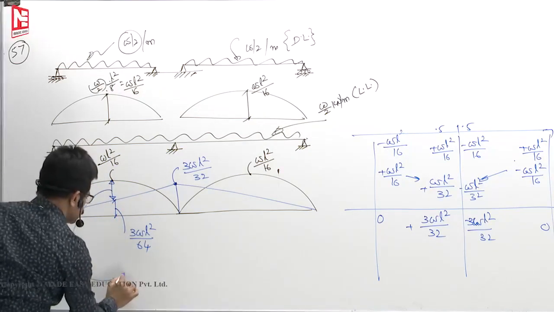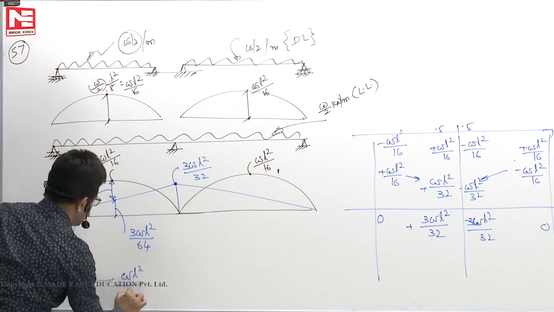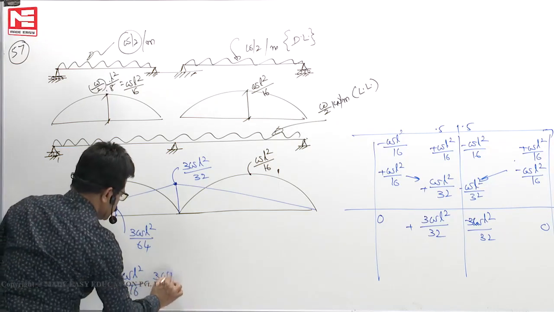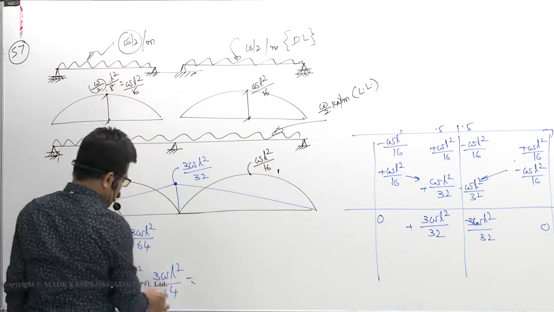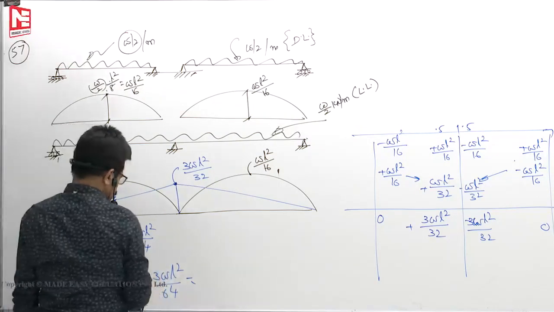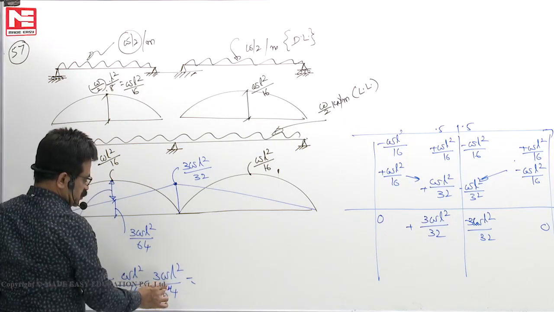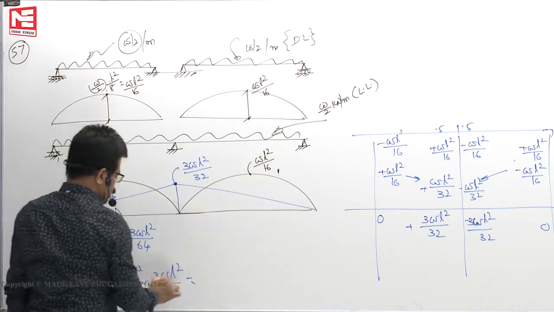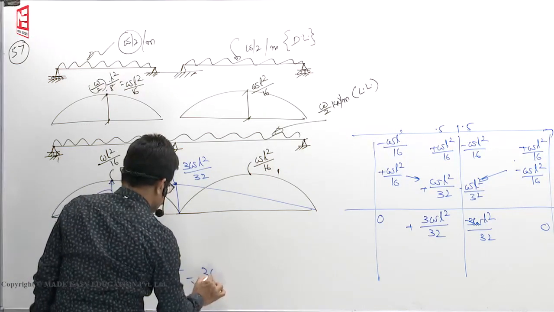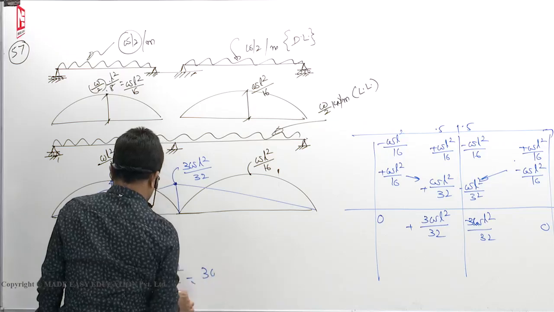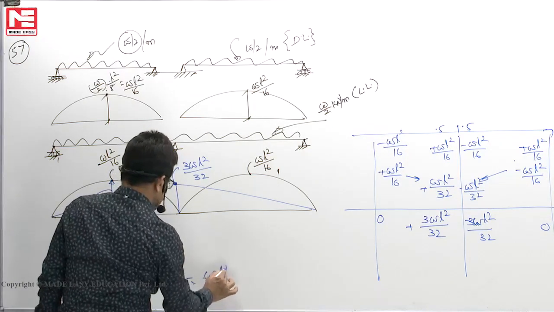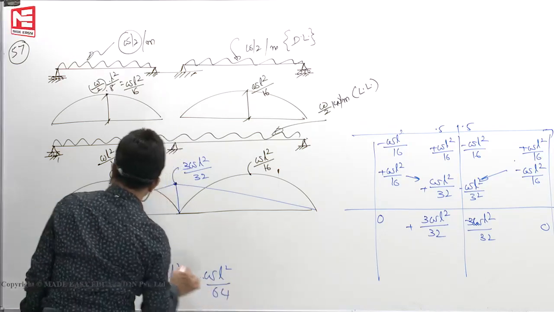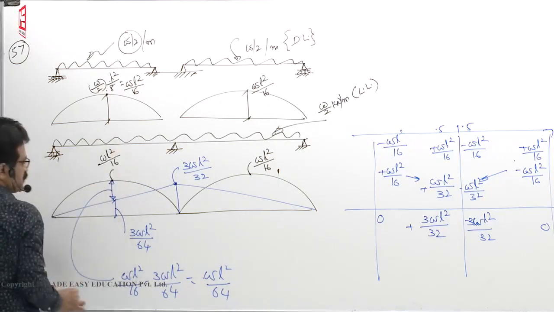This is WL square by 16 minus 3 WL square by 64. So 64 common factor, 4 minus 3, that is 1. So you will get WL square by 64.